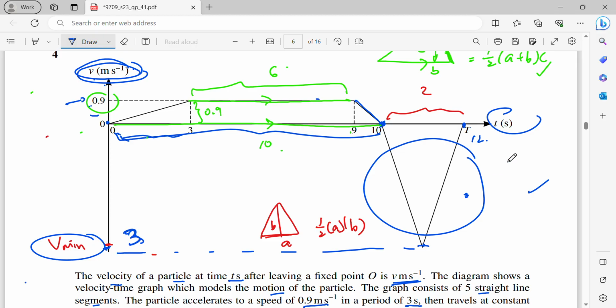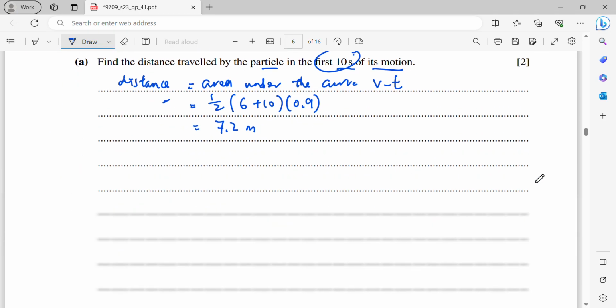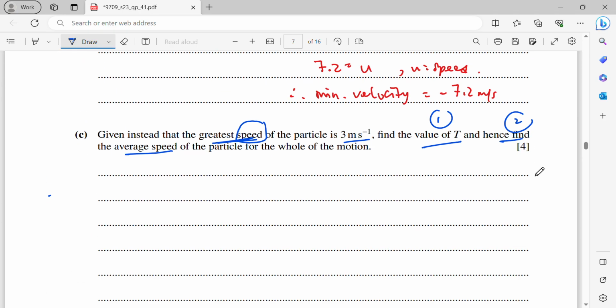So now we need to find what is t, when the greater speed is 3. So I will just use this triangle, or use back the same concept as in B. The distance is still the same. So I will write distance equals half of speed, u is speed, times the time.